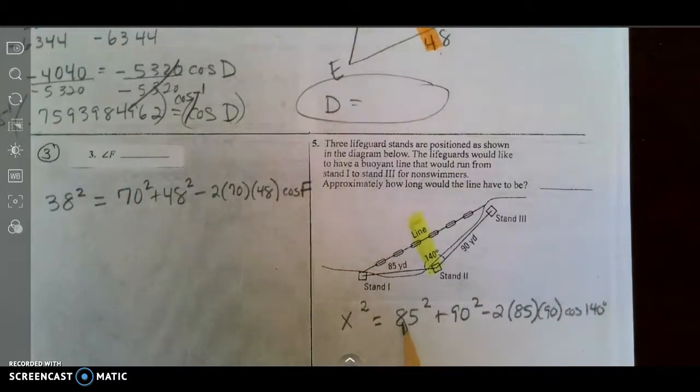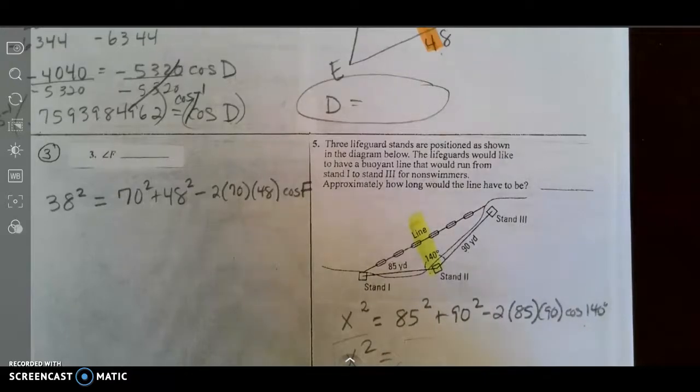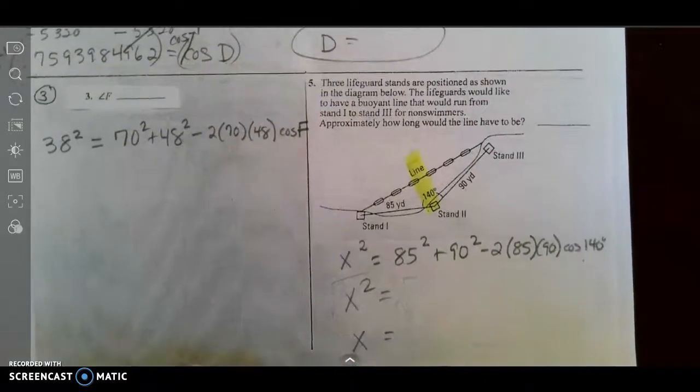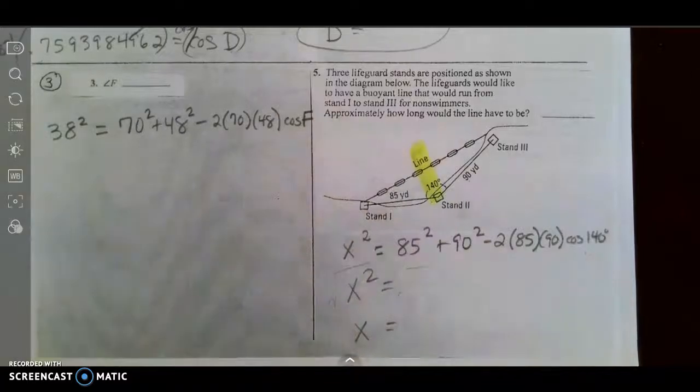And this number 5 is just like the number 1 that we did up above, where you can put all of this into the calculator. You'll get that answer, and then you'll take the square root of both sides, and you'll get an answer for x. So I'm going to let you do that one on your own as well, but I just give you a little help to get started.